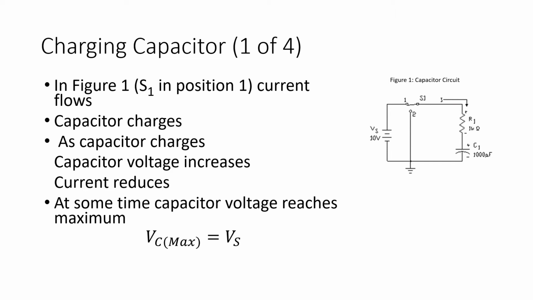As the capacitor charges, the capacitor voltage will increase, and the current that flows to charge the capacitor will decrease. At some point, if the switch is left in position 1, the capacitor will charge to its maximum, which is the value of the source voltage. For figure 1, this is 10 volts.